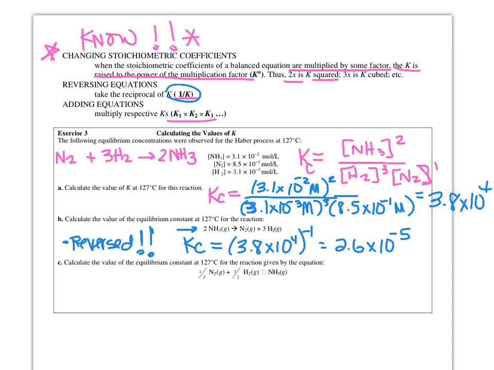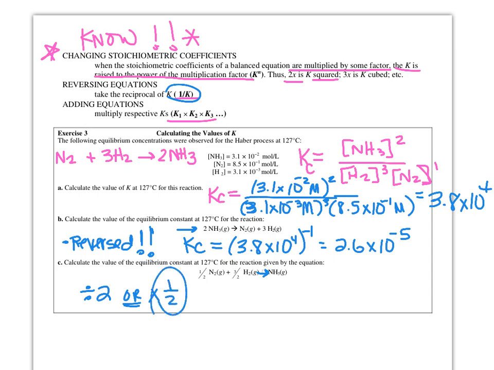What about in C? So I calculate the value of the equilibrium constant for this reaction. So what did we do here? Well, we took our coefficients and divided them by 2, or if we want, we multiplied them by 1/2. Essentially the same thing.